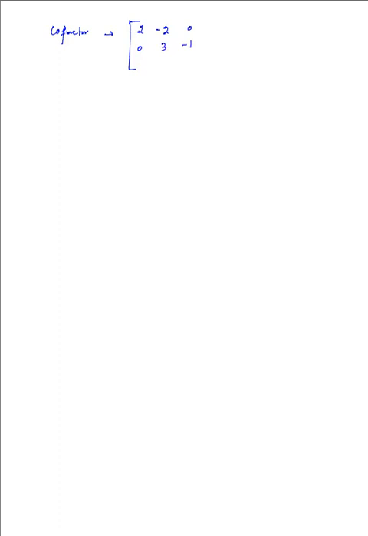So these are the cofactors that are present over here, and we take the adjoint of it, and taking the adjoint, what we get is 2, 0, 0, then -2, 3, -1, and over here -1 as well, and 1 and 0. So this is the adjoint.